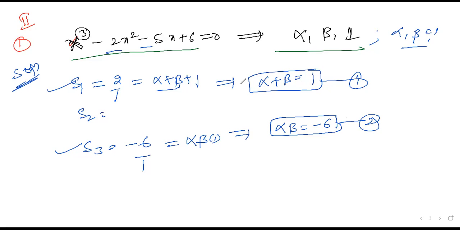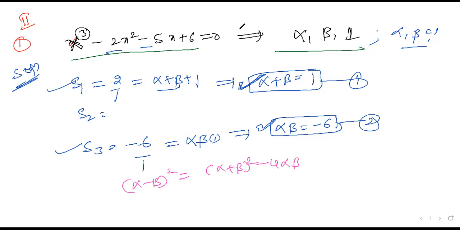Next, if I want to solve for alpha and beta, I have alpha into beta and alpha plus beta. If I have alpha minus beta, I can solve easily. a plus b is equal to something, a minus b is something, I can solve it. To find alpha minus beta, I can use the relation. What is the relation we have? I think we know the relation. Alpha minus beta whole square is equal to alpha plus beta whole square minus 4 alpha beta.